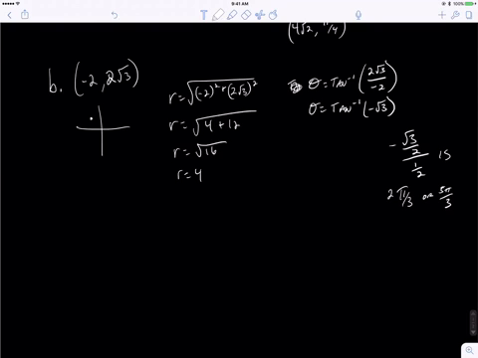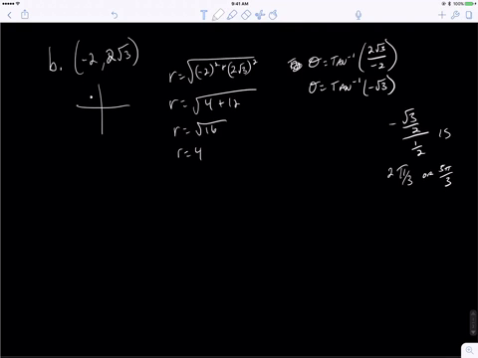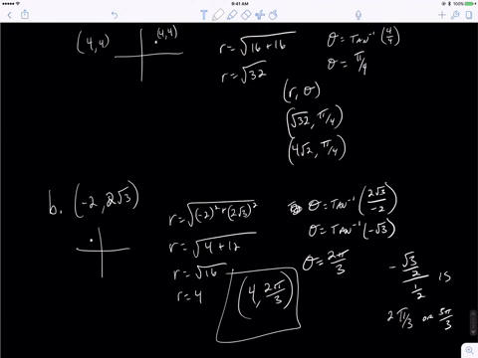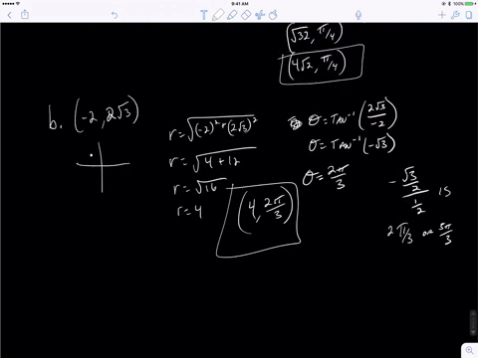Hold on. Okay, so since we knew that originally it was in quadrant 2, theta then would have to be the 2 pi over 3, so it's going to be (4, 2 pi over 3). Probably should do that.